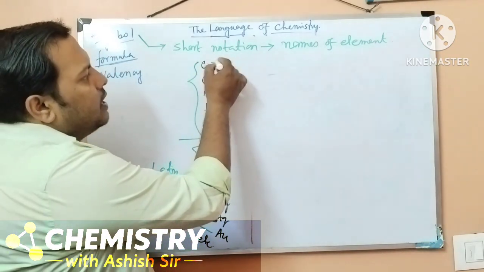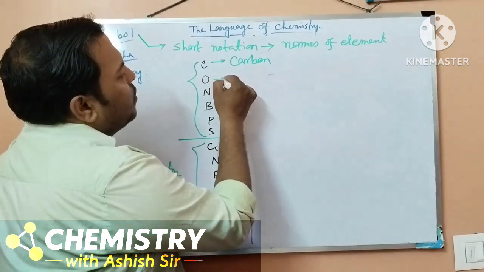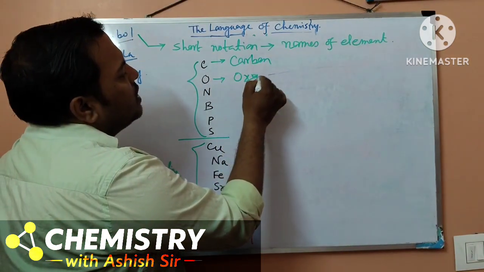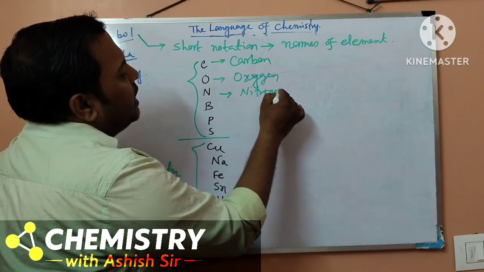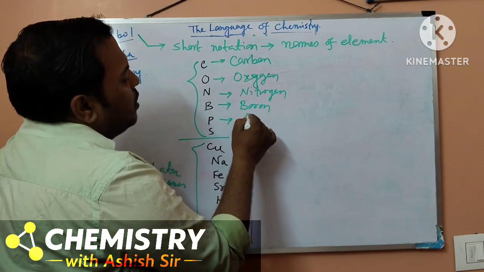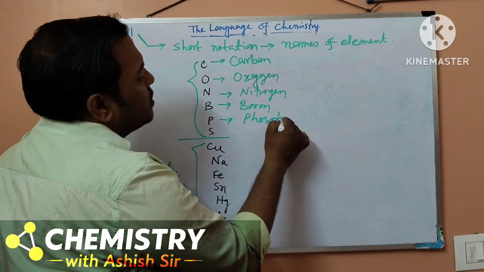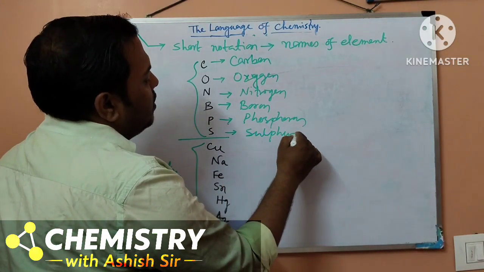First of all, C. C is the name of carbon. C is for carbon, O for oxygen, N for nitrogen. I am just writing their name. B for boron, P for phosphorus, S for sulfur.